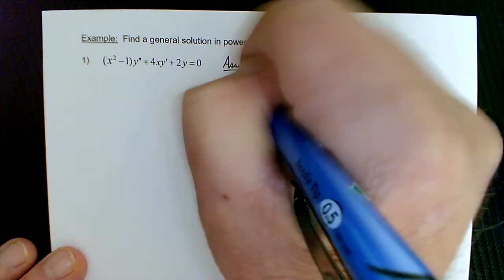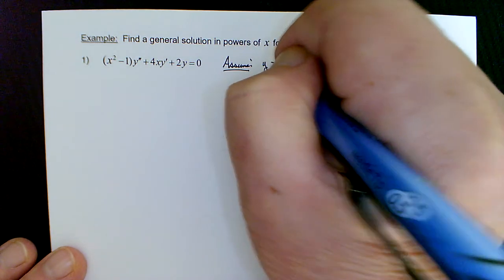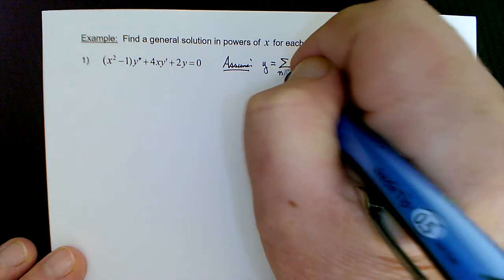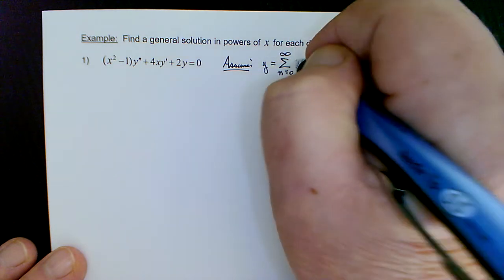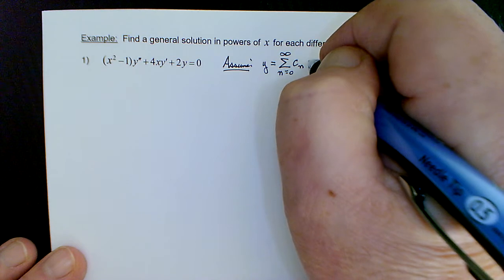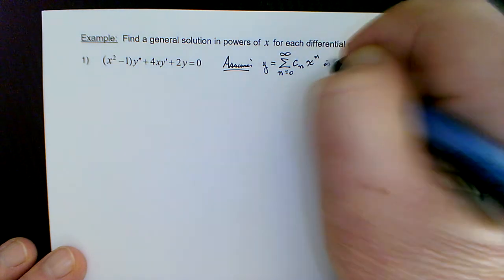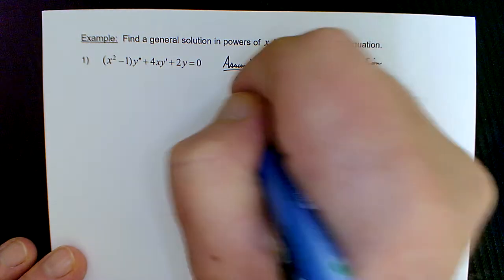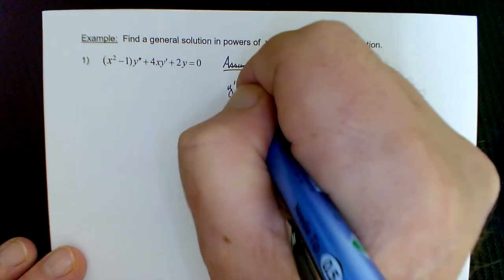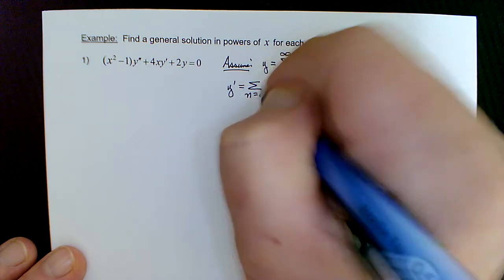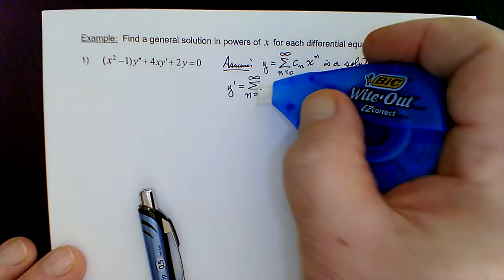so just like our previous problems, we assume that y equaling the sum as n goes from 0 to infinity of c sub n x to the n is a solution. And we have that y prime is the sum as n goes from 1 to infinity.